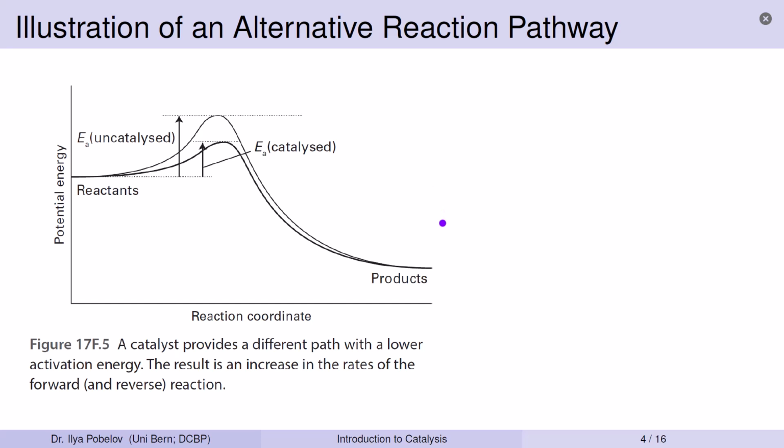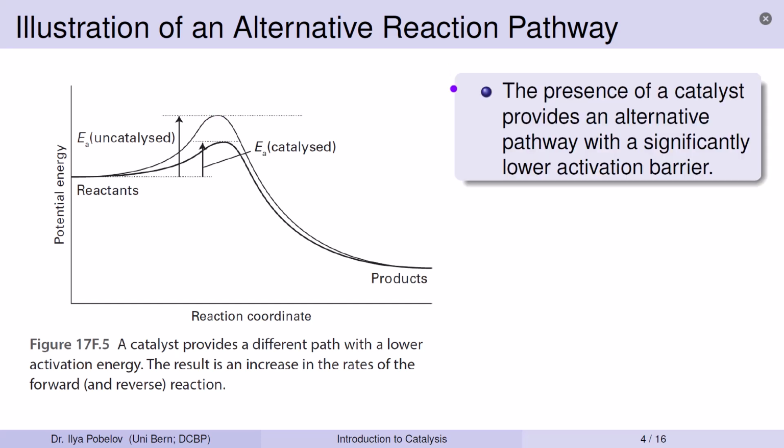Catalytic processes are typically represented using energy diagrams, as illustrated in this figure. In such diagrams, the vertical axis represents the potential energy, while the horizontal axis denotes the reaction coordinate. The diagram compares the activation barriers of uncatalyzed and catalyzed processes. For an uncatalyzed process, the activation barrier is higher, depicted by a taller peak on the energy diagram.